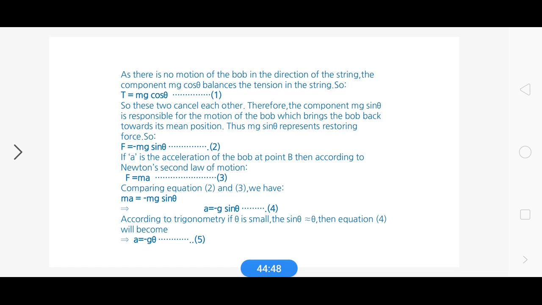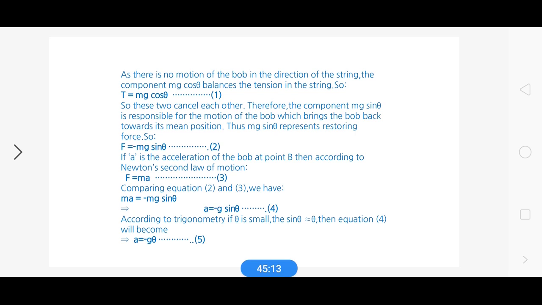So F is equal to mg sin theta, and according to Newton's law, F is equal to ma. So simply acceleration is equal to g sin theta, and for a very small angle of initial amplitude, theta is small, and for very small values of theta, sin theta or tan theta is approximately equal to theta.